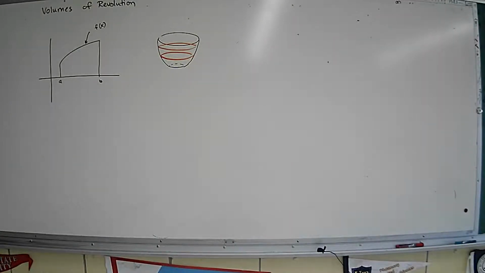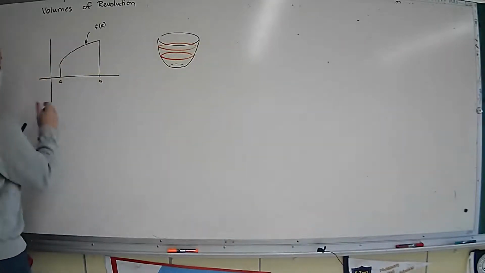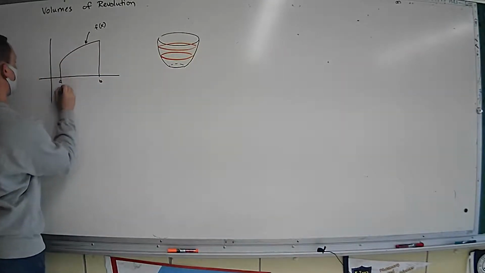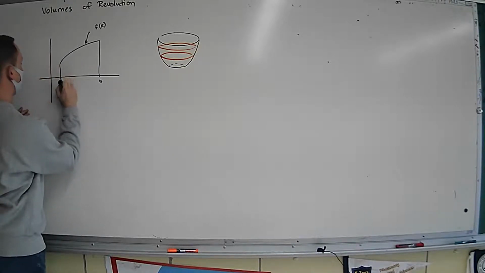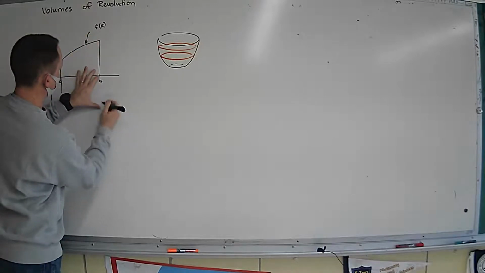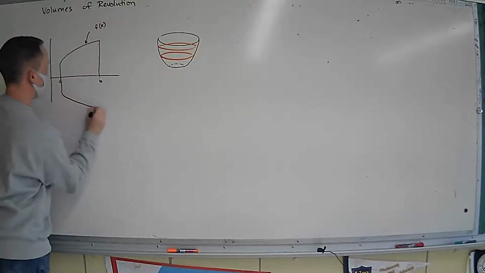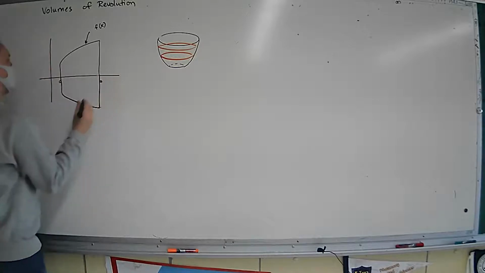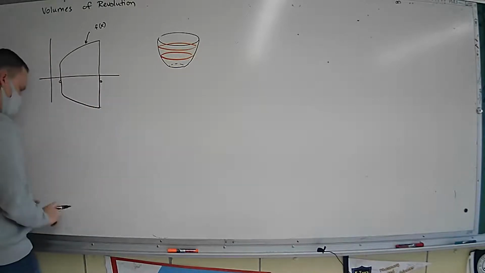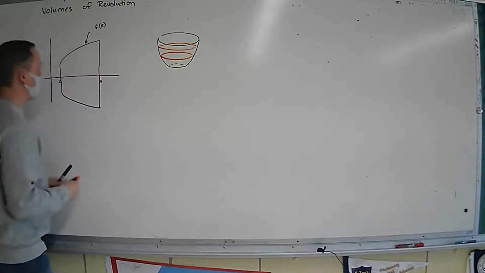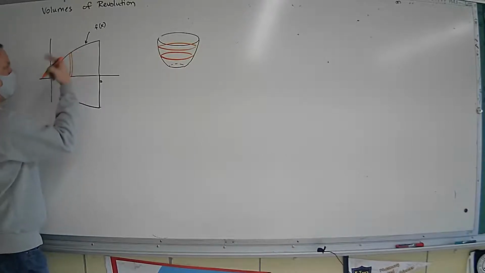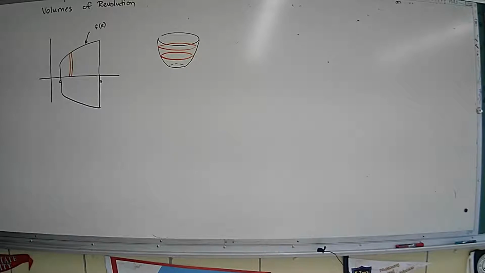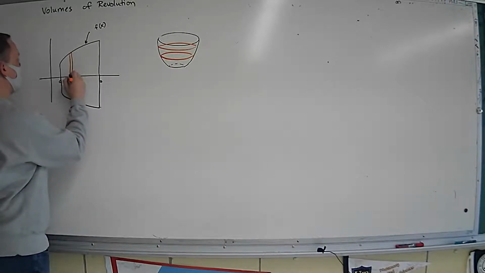Okay. So what would those look like if we drew them over here? Well, I'm going to draw this for us. I'll teach you how to draw these, don't worry. So if I draw a rectangle right here, and I rotate that rectangle around the x-axis, what's going to happen?